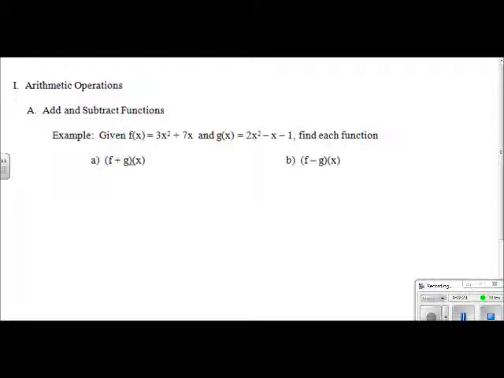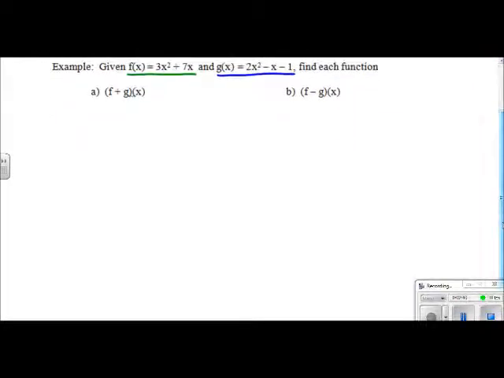So again, if we're doing the arithmetic operations here, if we have f plus g of x, and we know that f of x is 3x squared plus 7x, and g of x is 2x squared minus x minus 1, we need to find each of these functions. F plus g of x is just going to be f of x plus our g of x.